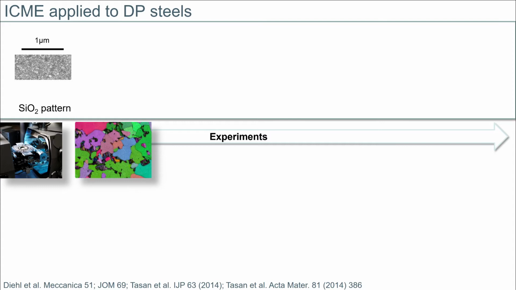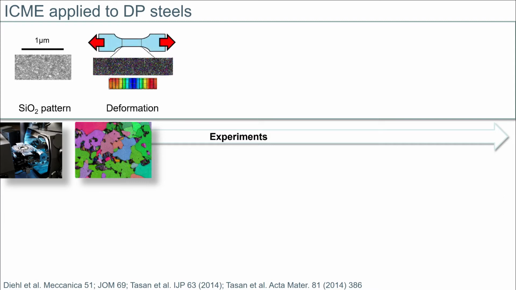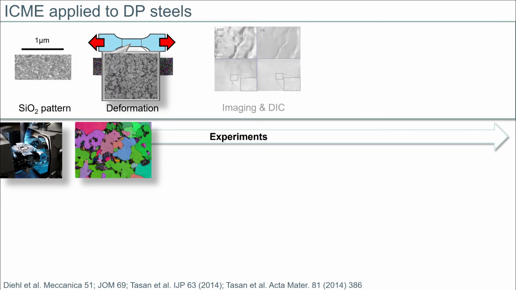For that purpose, for instance, we can expose DP steel surfaces to silica patterns that give us a sufficient electron optical contrast. And then we can do tensile test experiments, as I've shown before, directly inside of an electron microscope, or ex situ, do it in a tensile machine and then investigate it with these markers in an electron microscope subsequently.